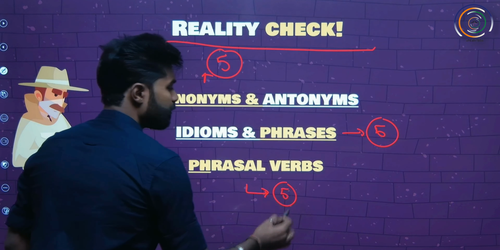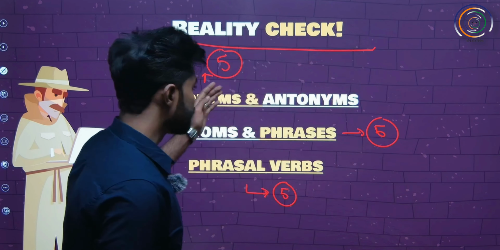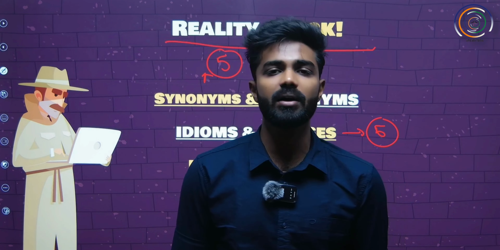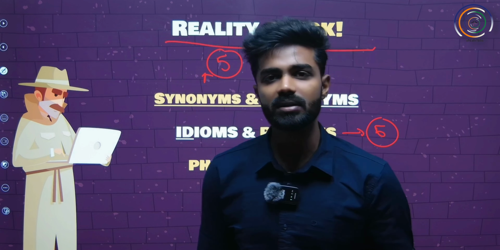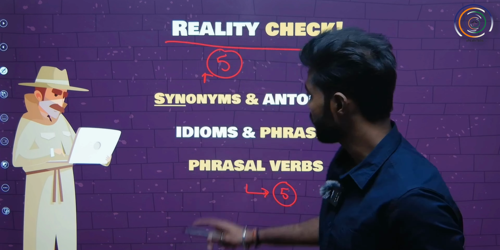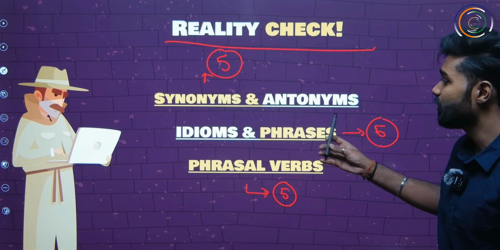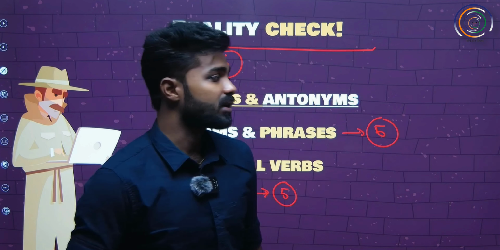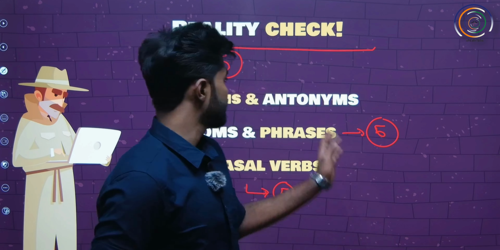5 new phrasal verbs. Okay, I'll tell you how to do this in detail in upcoming classes, but for right now I wanted to say that every single day, like how you are updating your current affairs, you have to update your synonyms and antonyms, idioms and phrases, and phrasal verbs. Because there are a lot of idioms and phrasal verbs and synonyms and antonyms.